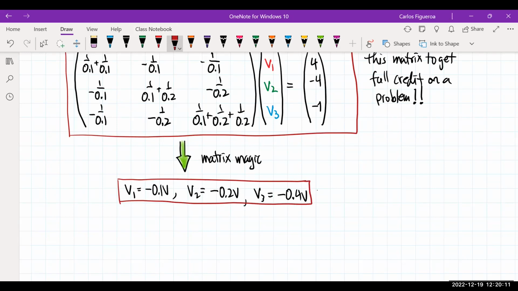So the key thing here is that these are not voltages, but node voltages, which is the same as equipotentials.